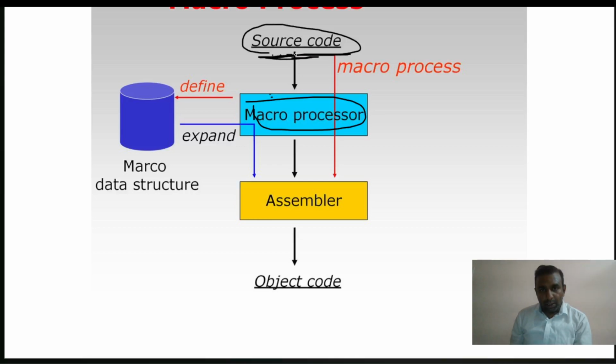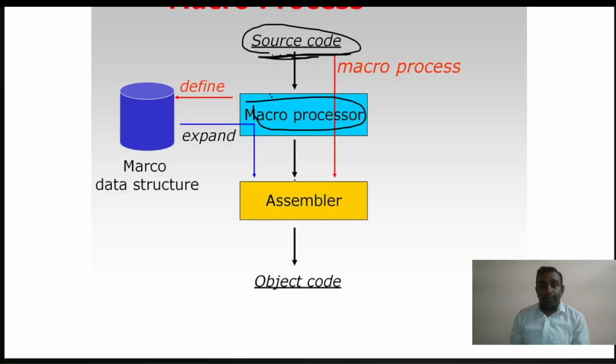When this source code goes for execution, the source code is provided to the assembler, which does not know about the macro calling statements, because macro calling statements are not present in the database of the assembler. That's why it will give you an error.